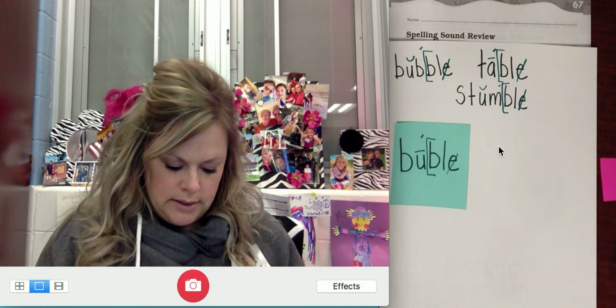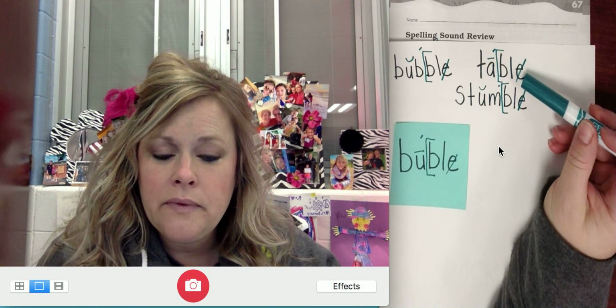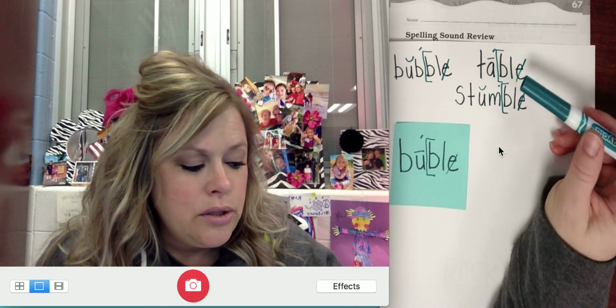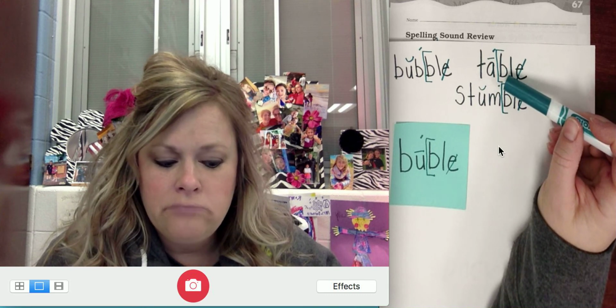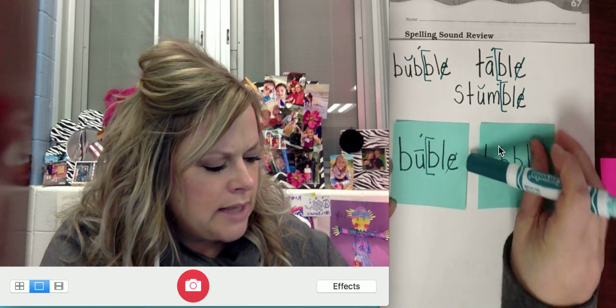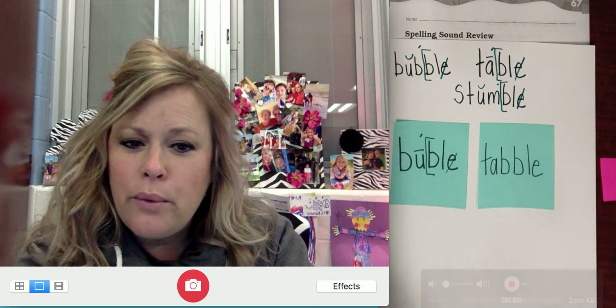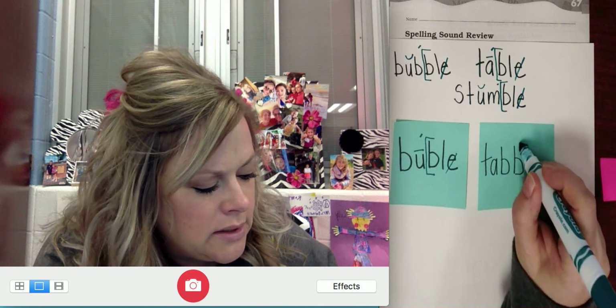All right, now let's take a look at another word. Let's take a look at this word table. Do I need two B's for table? Let's take a look at what that would look like. Table with two B's, like bubble has two B's, we're trying to figure out when we double that consonant. Let's look at it.